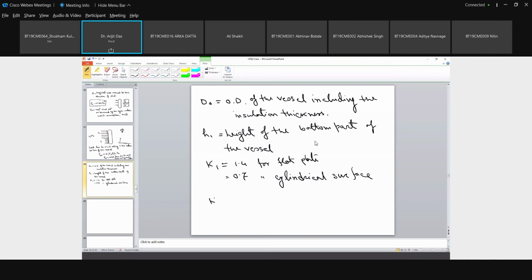And what is K2? K2 value depends on the cycle of vibration of the vessel. If there are some seismic vibrations, those vibrations are represented by the K2 coefficient, and generally it is 1. If it is not given in the problem, you will take K2 equal to 1.